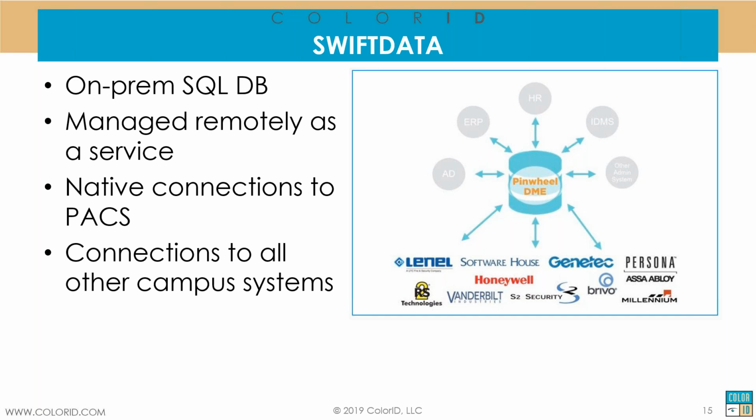What they have done is connect to all these different access control systems. That was their business model: it's really hard to get data in and out of Lenel or Software House or Persona unless you've integrated with them. So SWIFTDATA went and did those integrations, and now their databases are integrated with those systems. They can get data in and out.